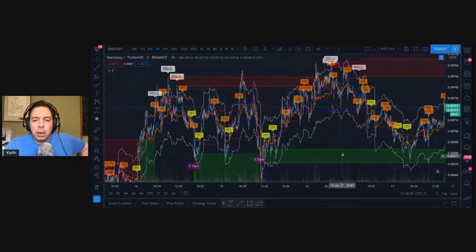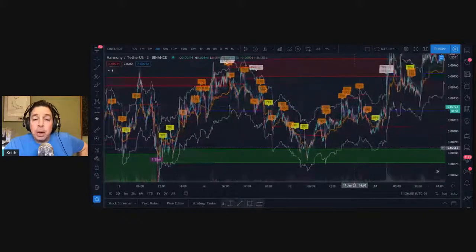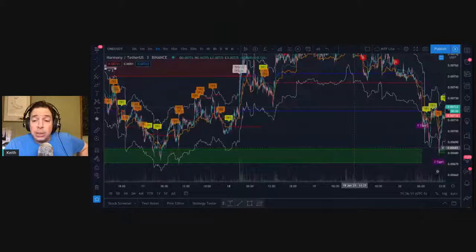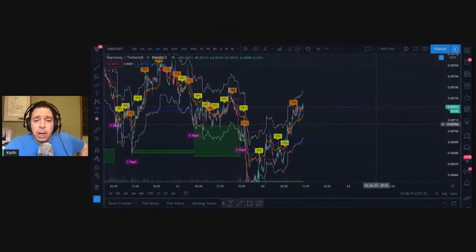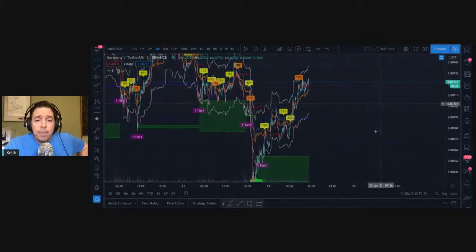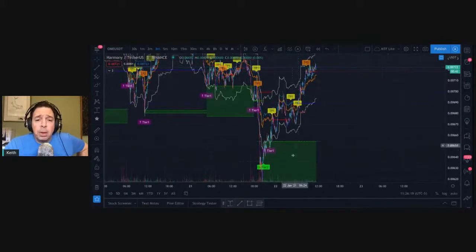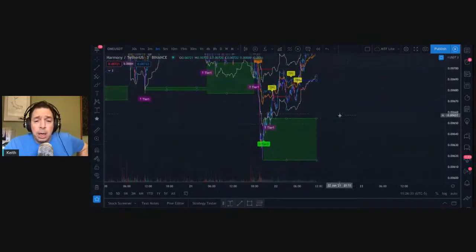Now, these green shaded areas right here, this is recent buy zones, and as you can see, let's get to current here. Okay, as you can see, those happen anytime that there was a signal.